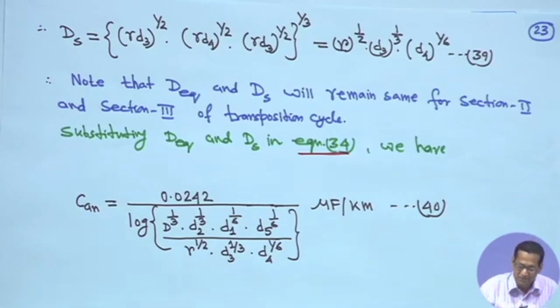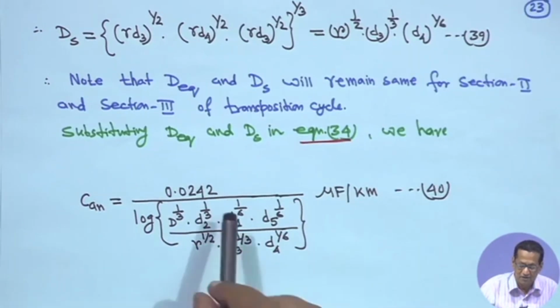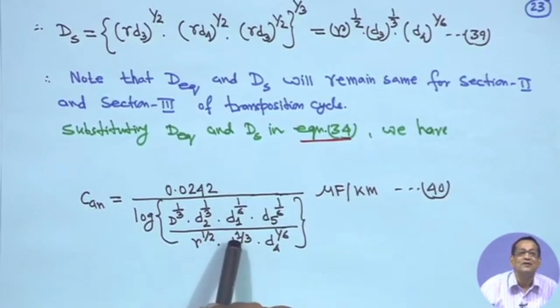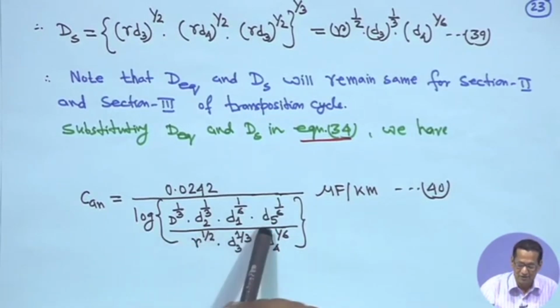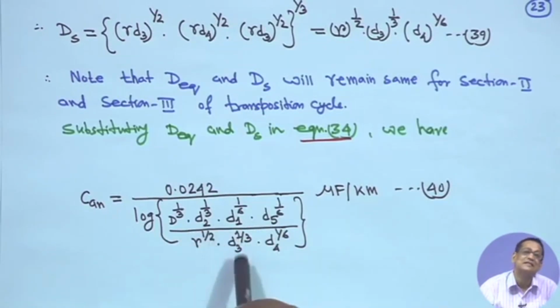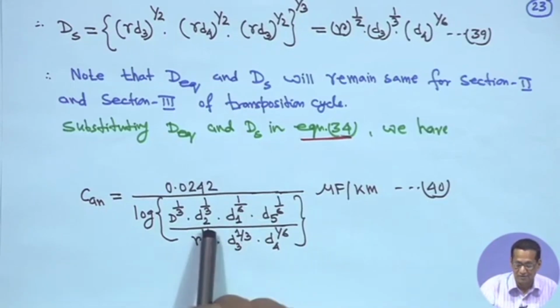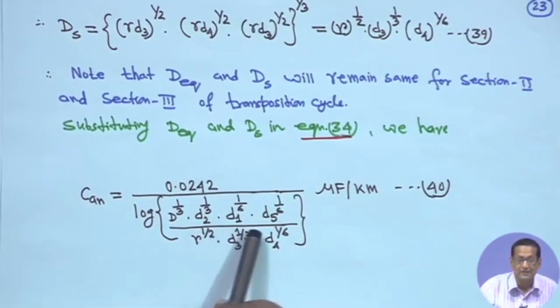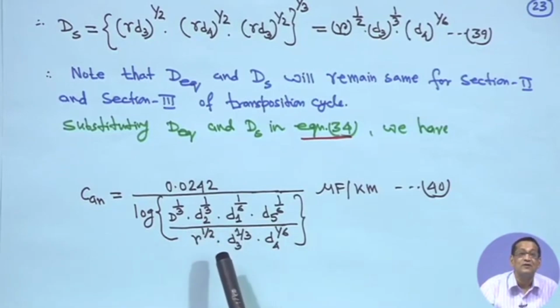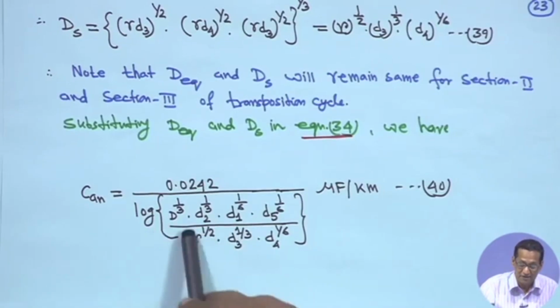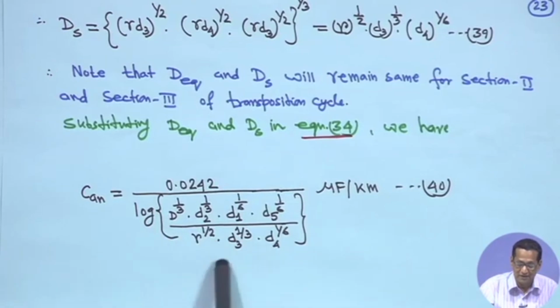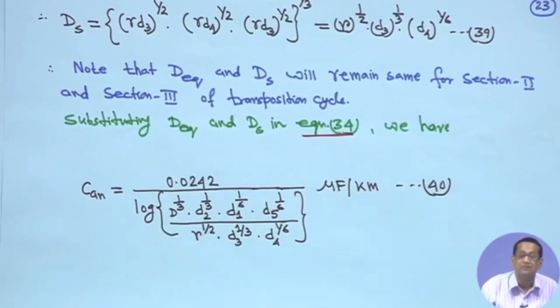You need not remember anything, because it is almost impossible to remember. Because of the way D 1, D 2 have been taken, you can take a different way, and different terminology or nomenclature will come, whatever you take. So, better is that you derive it, and then you find out the value of this capacitance, right.